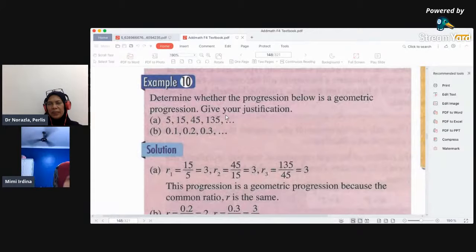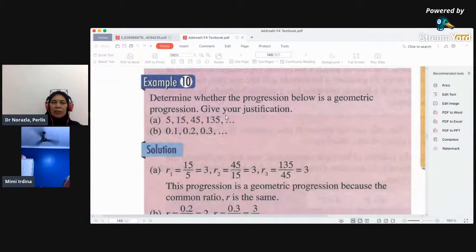From these sequences, if you want to determine whether it is an arithmetic progression, you need to find the value of the common difference.